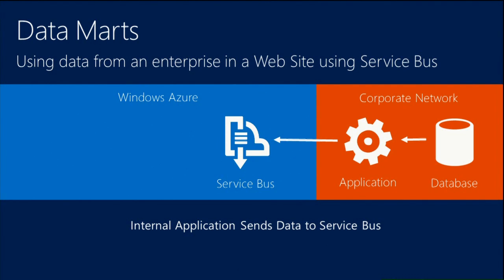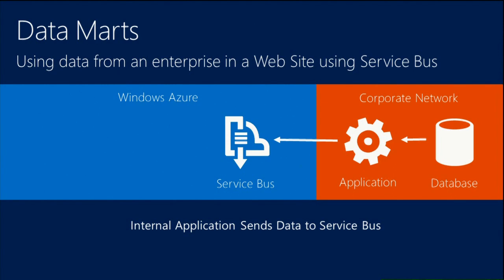The scenario that builds up is that my database is terabytes and terabytes of data, which is an on-prem asset, and all of my on-prem apps connect to it and use it. But the customer-facing one doesn't have to have all of that data. So how do I expose this piece of information to my web application? This process is called data marts. I have my database and my application running in my on-prem environment.